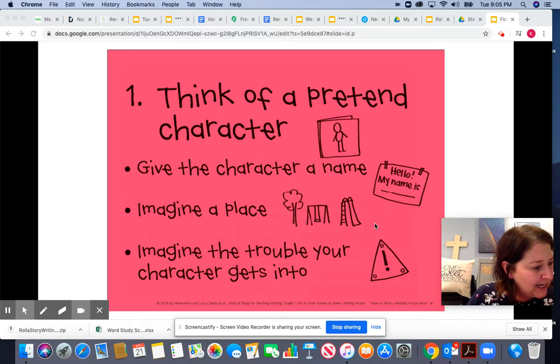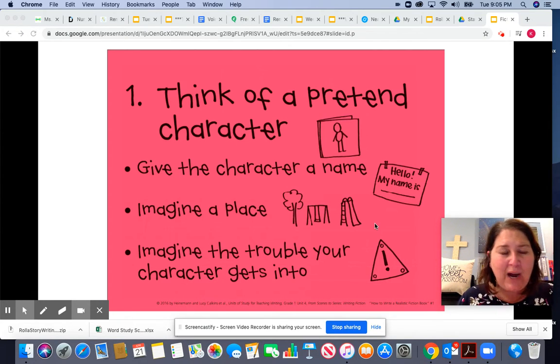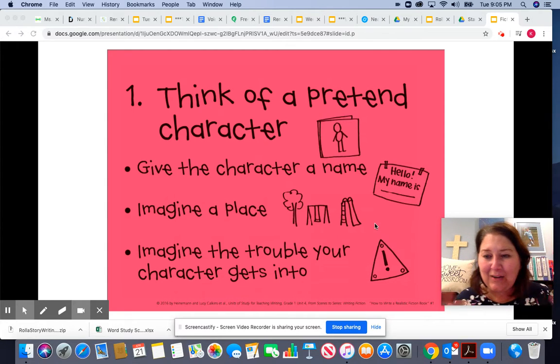So let's say Izzy was writing about Seashell and Spike, okay, the mermaid and the narwhal. If she says, you know what, today I want to experiment with a different character, she can do that until I say you've got to choose. Okay.